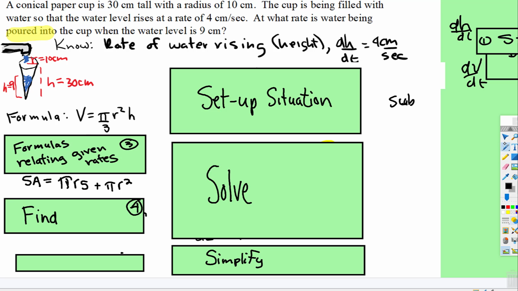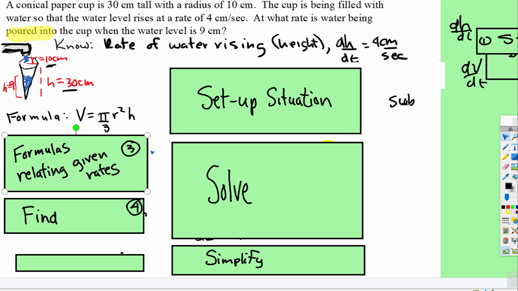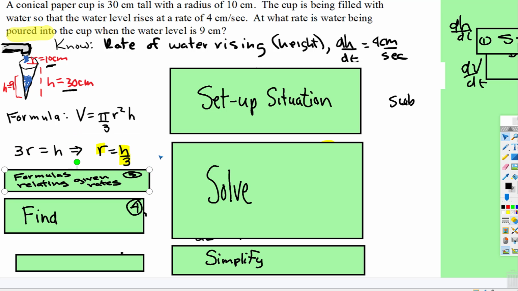But if you notice, we can relate the radius and the height without using the surface area. It's always easiest if we don't use two different formulas. So what we have to do is say that 3 times the radius, 3 times 10, is the height. If we want to get the radius by itself, we just divide both sides by 3.